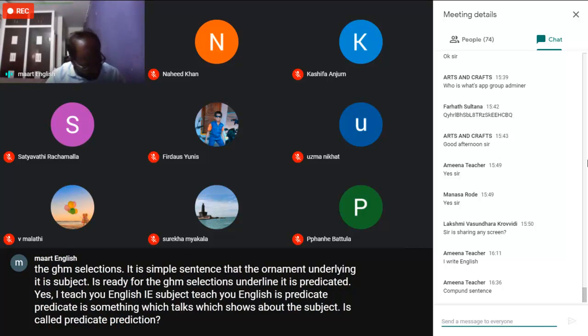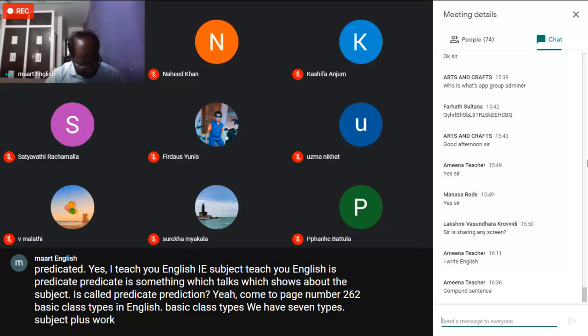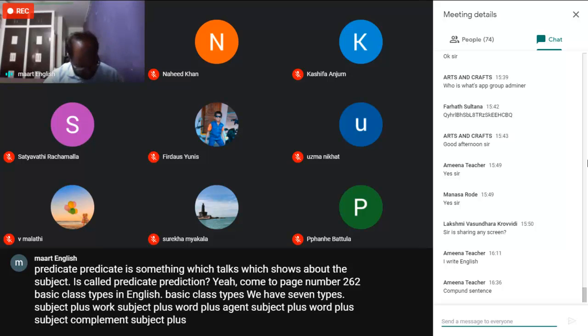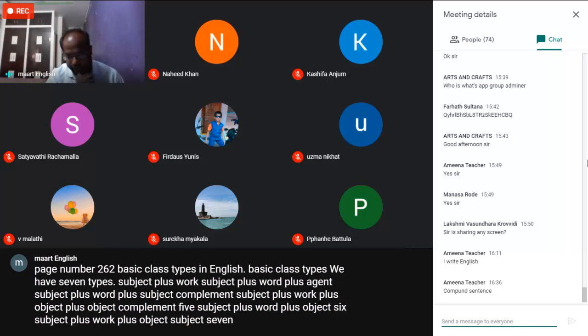Come to page number 262, basic clause types in English. We have 7 types. Subject plus verb, subject plus verb plus adjunct, subject plus verb plus subject complement, subject plus verb plus object complement, subject plus verb plus object, subject plus verb plus object plus adjunct, and subject plus verb plus indirect object plus direct object.